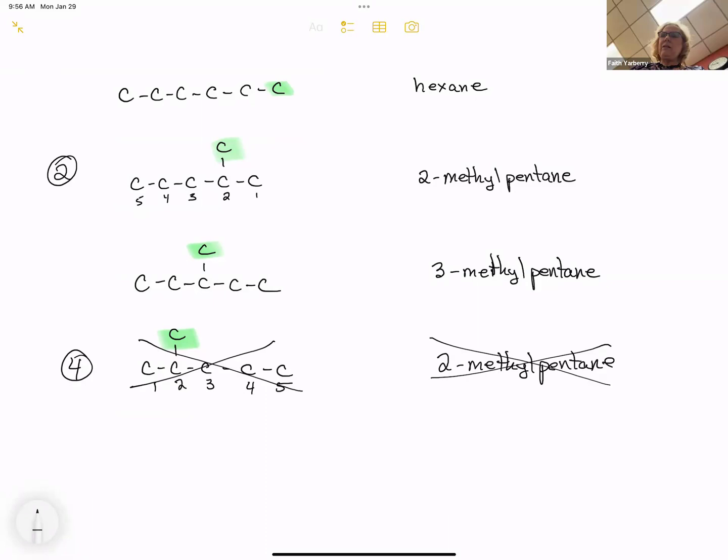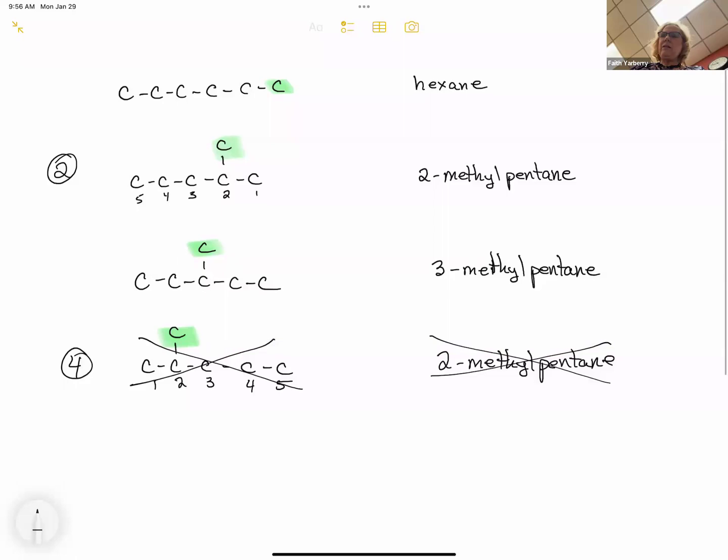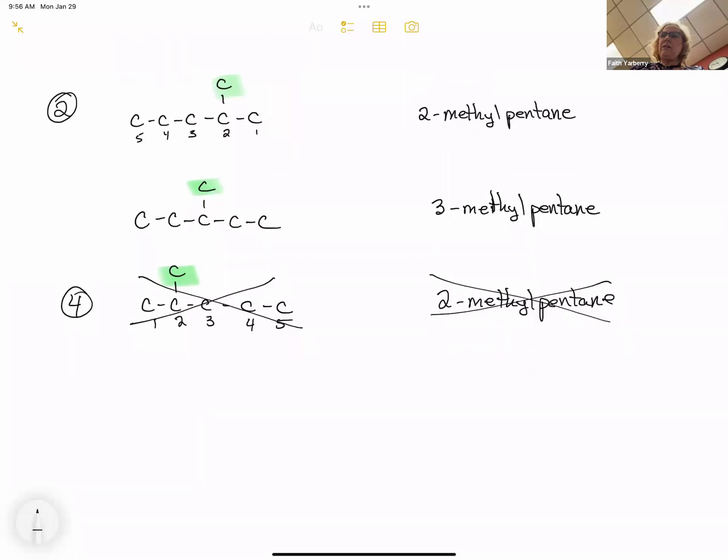So instead of 1, now I'm going to mess with 2 of these at a time. I've done all I can with 1. Now I'm going to do 2. So if I do 2, that means I'm going to have a backbone of 4.